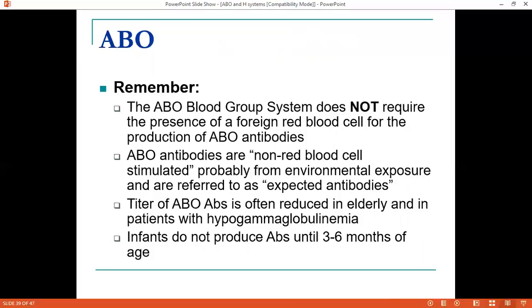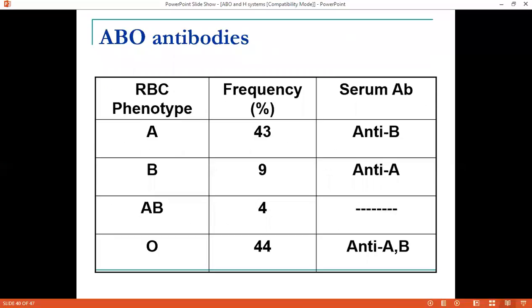And when we start to test cord blood specimens, you'll see that we don't even do a reverse type on babies. We only do a forward type. So here's the chart in case you were wondering, well, what are the blood type frequencies in the population? Well, here you go. O is the most common blood type at 44%, followed by A, which is about 43%, then B, and then AB. And there's the respective antibodies that you would find in the serum.